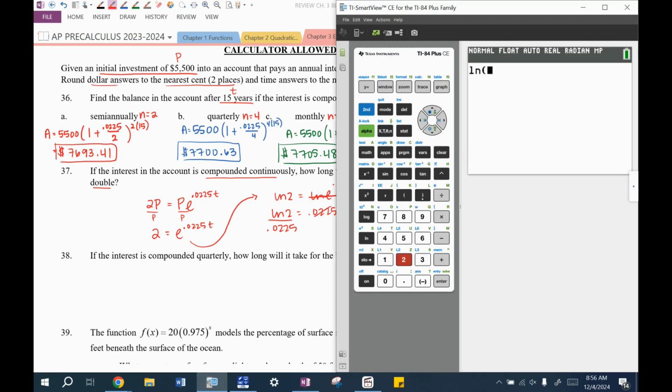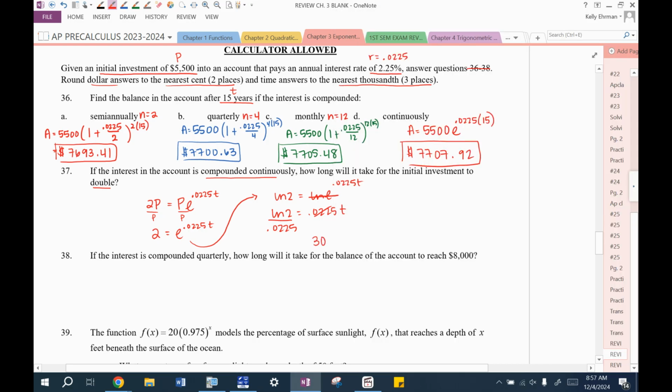Natural log of 2, close parentheses, divided by 0.0225. To 3 places, because we're no longer talking about money, 30.807. t is measured in years in the compound interest formula. You could solve by graphing as well. Set 2 into y1 and e to the 0.0225 t into y2 and find the intersection point as well.